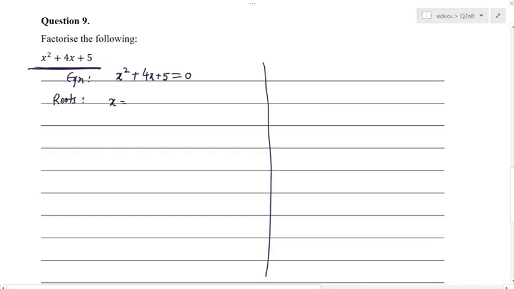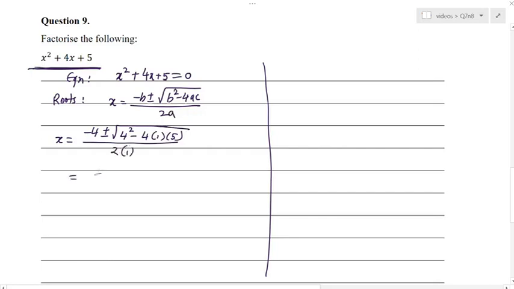We are all familiar with the quadratic formula, so just for the sake of it, I'll write it there. So here I get minus 4 plus minus square root of 4 squared minus 4 times 1 times 5, divided by 2 times 1.